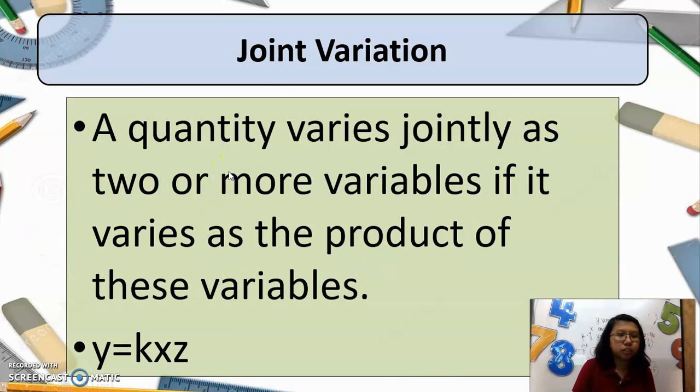For example, I have here y equals kxz. In direct variation, we only have one variable beside k, but this time we have two variables, which are x and then letter z.